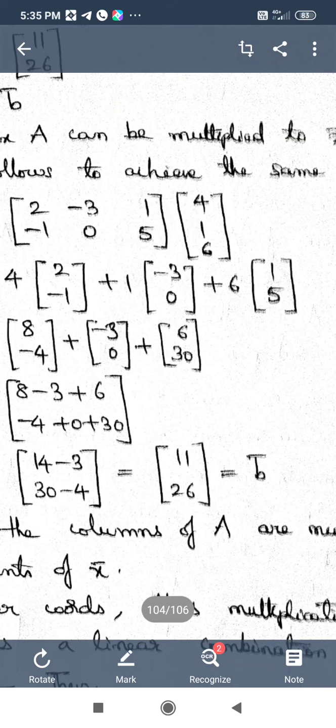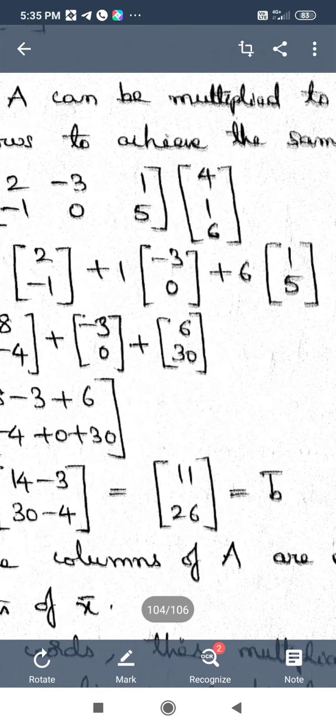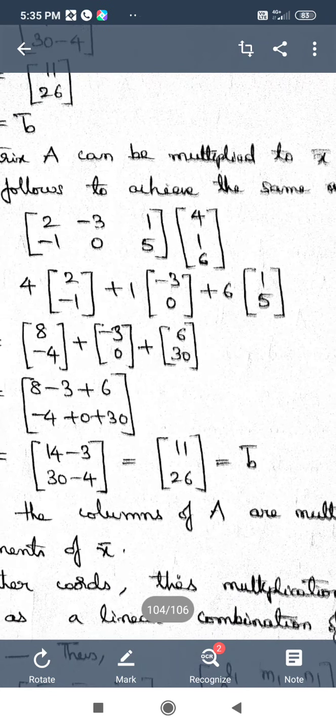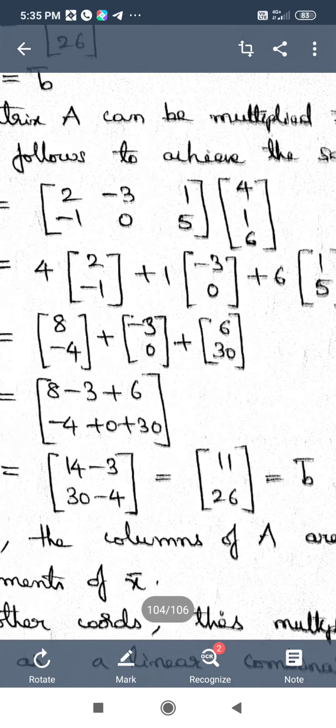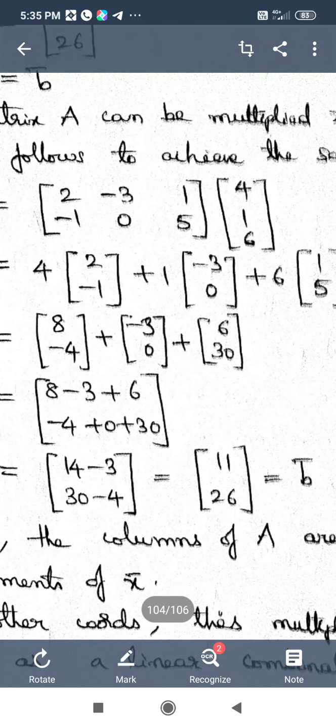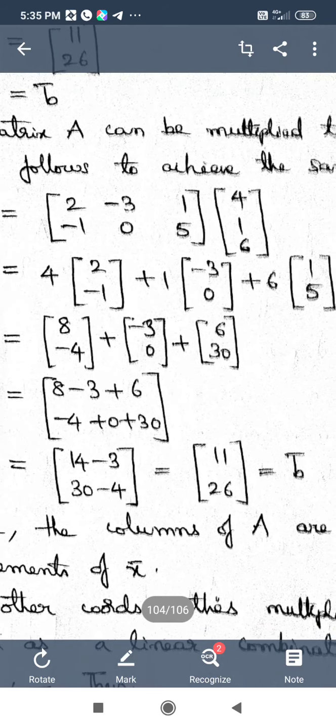When we do this scalar multiplication, we get (6, 30) as the resultant matrix. All these matrices are to be added, and by adding that we get 8 minus 3 plus 6 as the first entry, and minus 4 plus 0 plus 30 as the second entry in the resultant matrix.